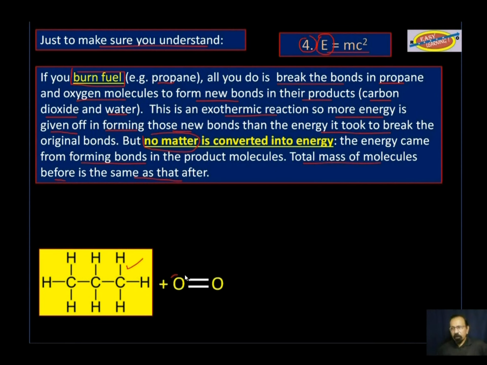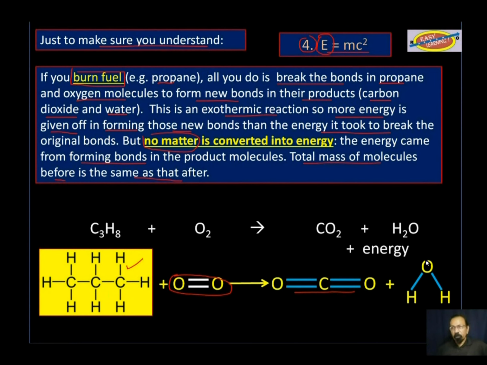If you combine that with oxygen gas, O2, you will get carbon dioxide, CO2, and water, H2O. If we write that in the chemical format, we will get C3H8 plus O2 gives us CO2 plus H2O plus energy.